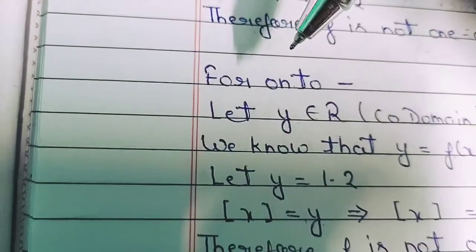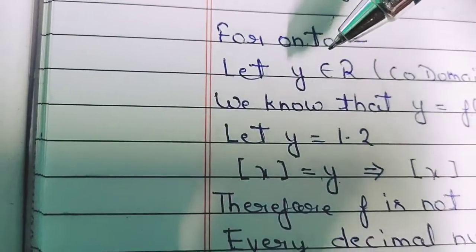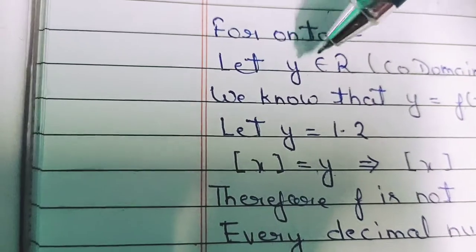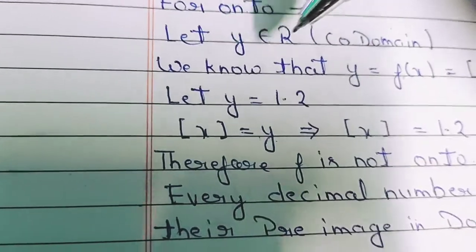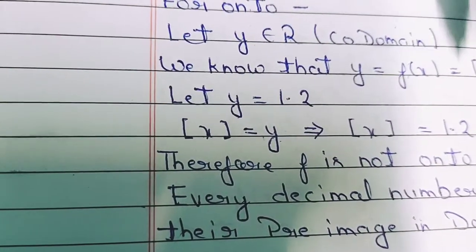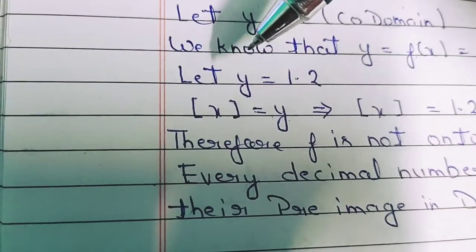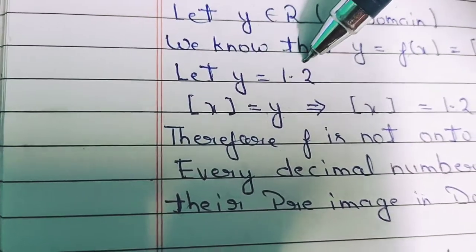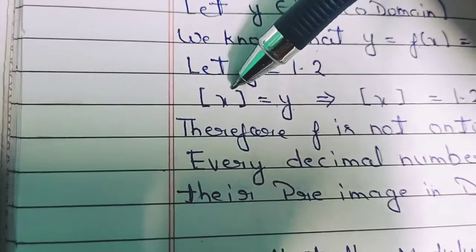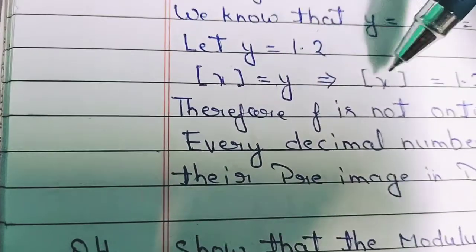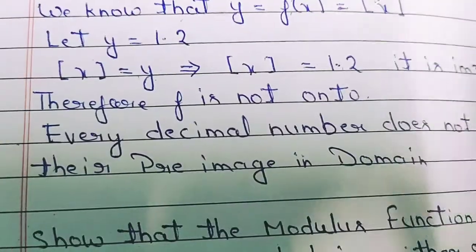Now we check onto. For onto we have to select an element y belonging to the set of real numbers from the codomain. We know that y = f(x) = [x], and I will select y = 1.2 from the codomain. Now putting the value of y, [x] = y, so [x] = 1.2.